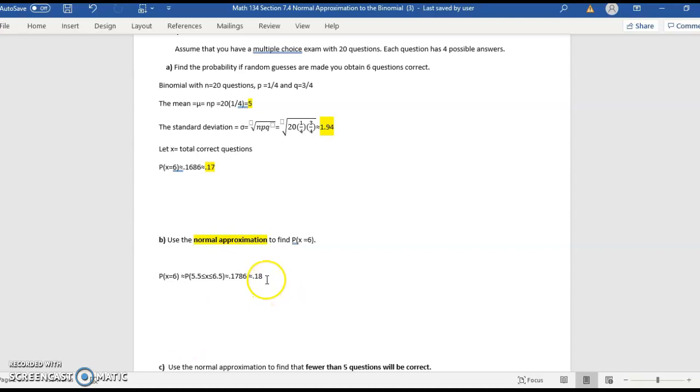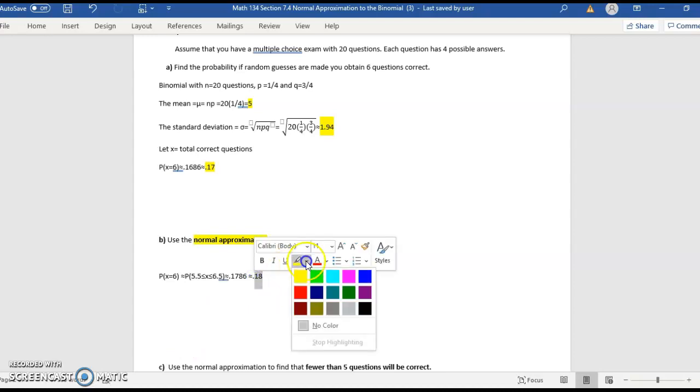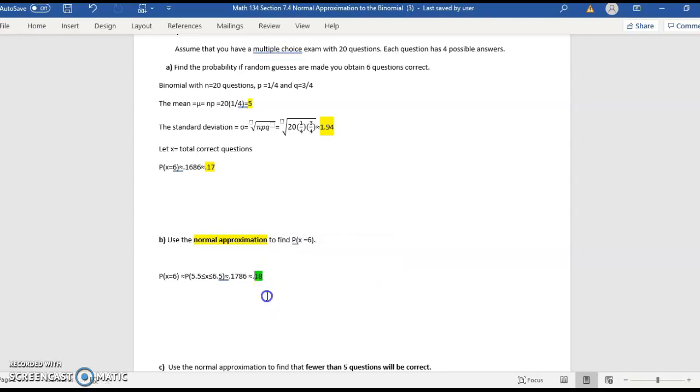Now, this is what we're actually doing. With the normal approximation, you're estimating the binomial. The binomial actually gave us 0.17. The normal gave us 0.18. So it's pretty decent.